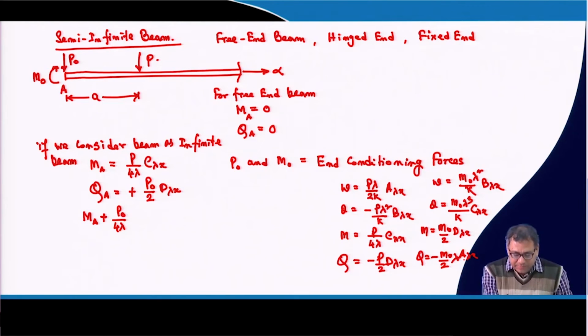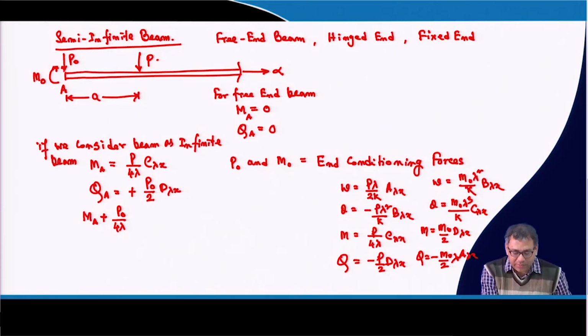So the moment due to concentrated load P0 will be P by 4 lambda C lambda x. Now, this is your point of interest. Always remember that x will be the point of interest. x equal to 0 will be the point of interest.